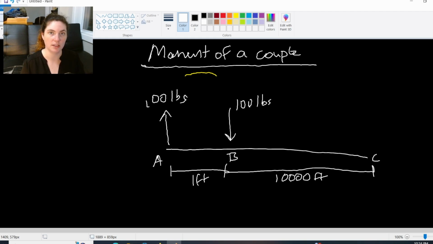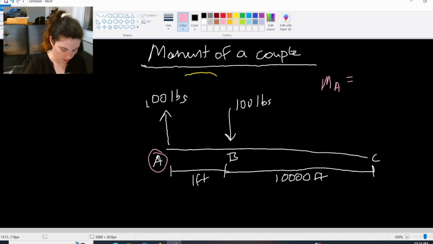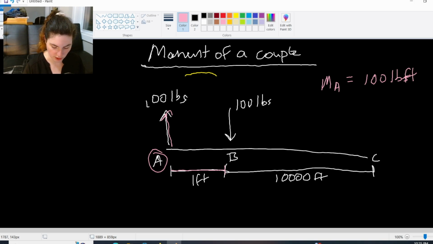So if we take it about point A, this force is not going to matter because its line of action goes through point A. All we're going to have is this 1 foot times the 100 pounds, and that's going clockwise. 100 pound-feet clockwise.